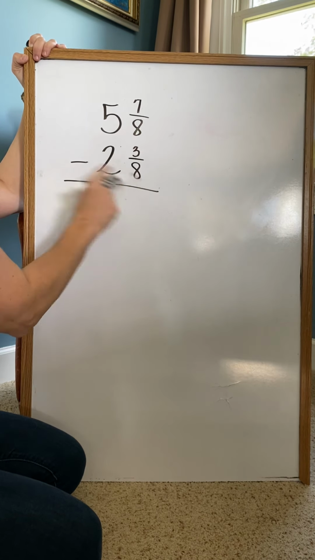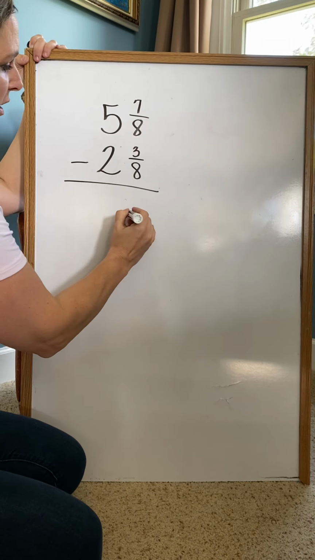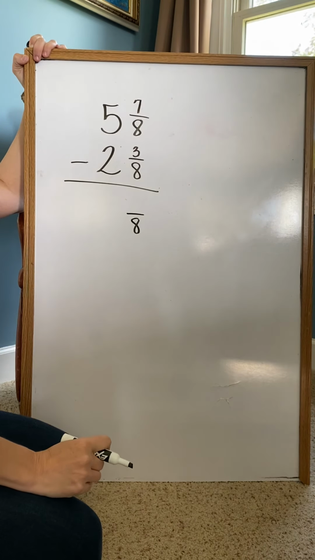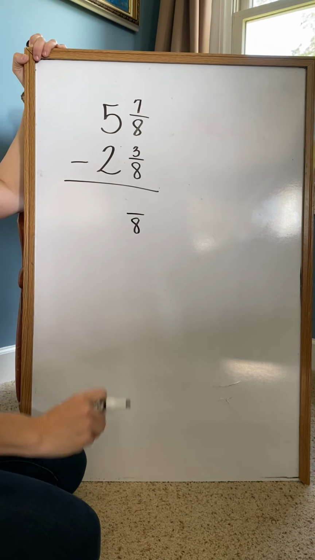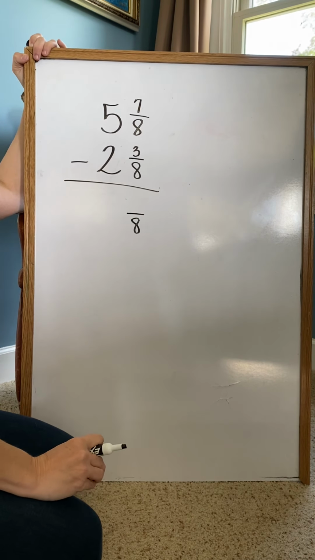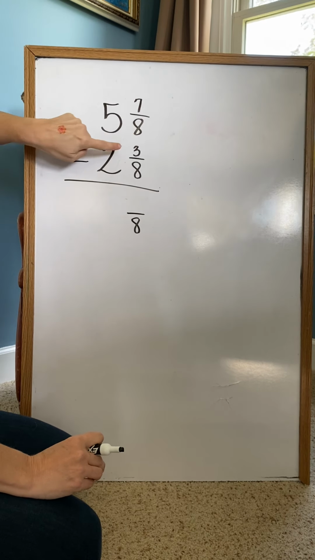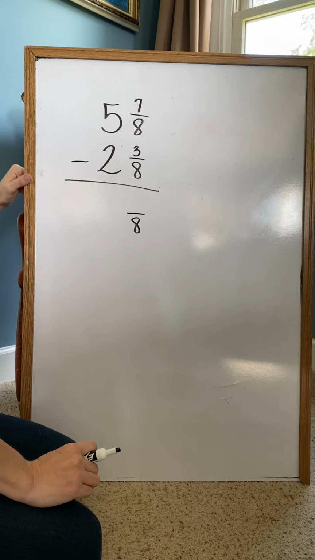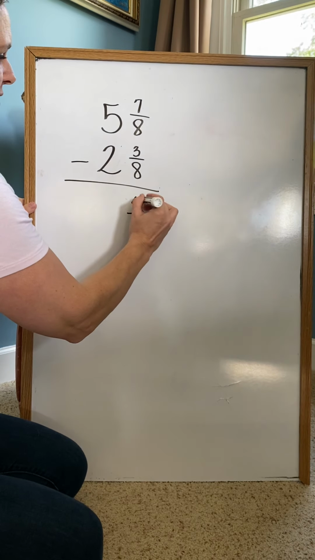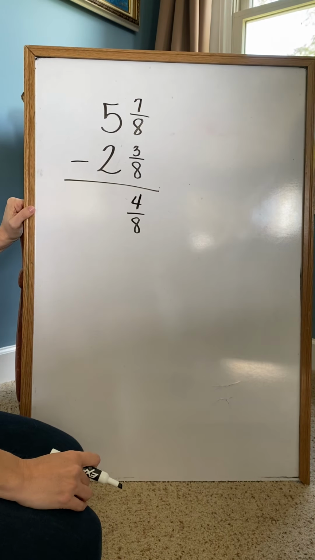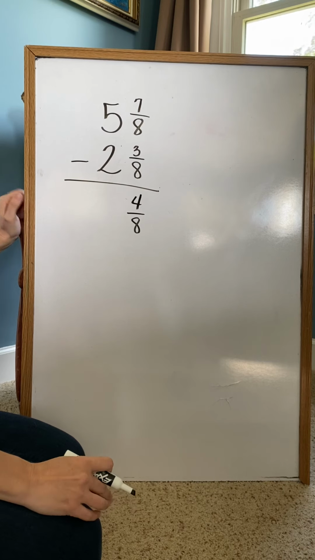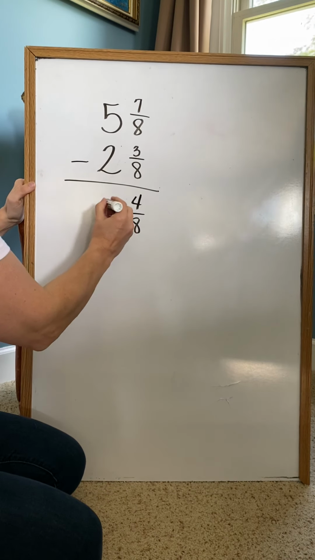Well, we know that our denominator for the fraction portion is going to be eighths, because when the fraction families are the same, eighths and eighths, that does not change. If we start with 7/8 and we take away 3/8, 7 minus 3 is 4/8. Then move to the whole numbers. 5 minus 2 is 3.